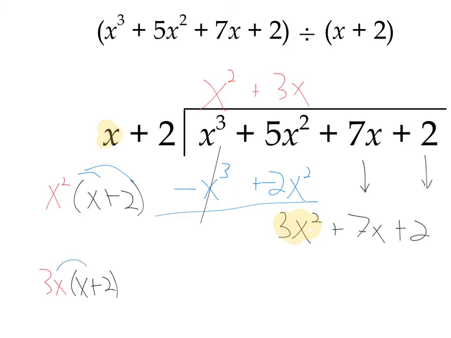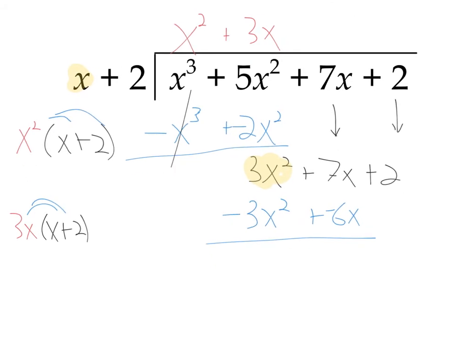So when I do that distribution, I'll get 3x squared plus 6x. But then we're subtracting. When you subtract, everything becomes the opposite. If done properly, things will cancel, so the 3x squareds are gone. 7x minus 6x, I get 1x plus 2.